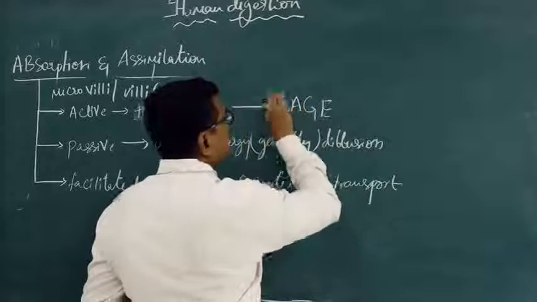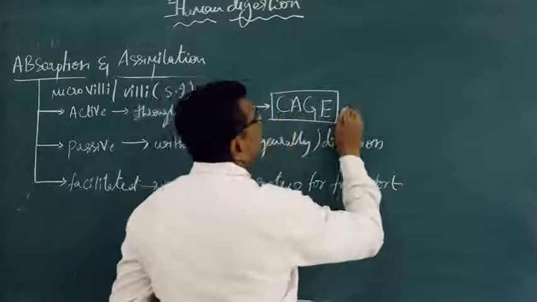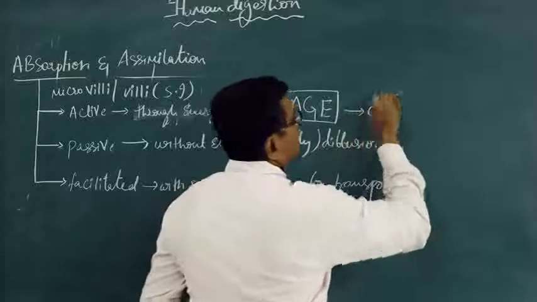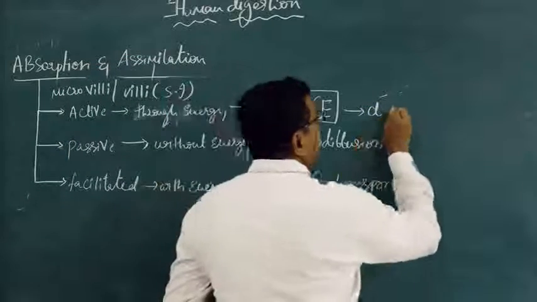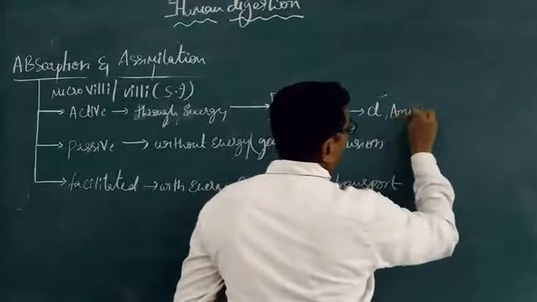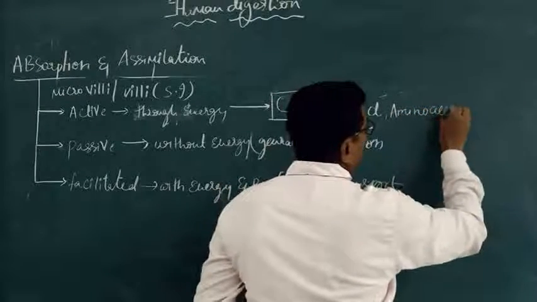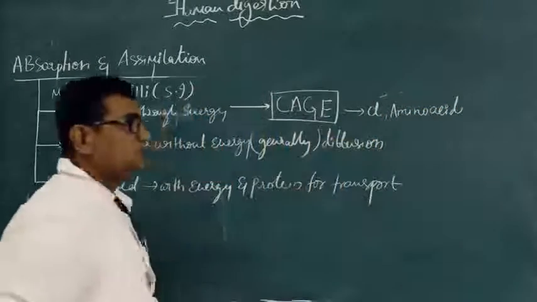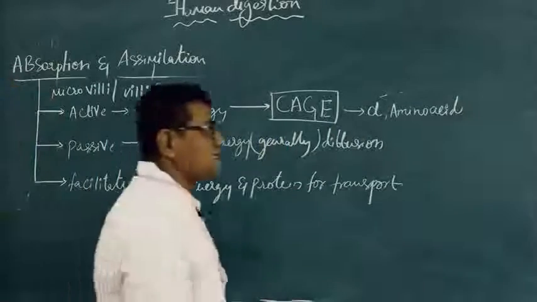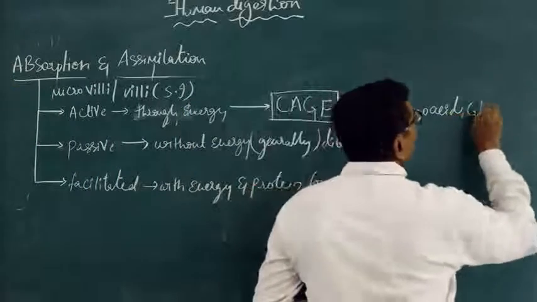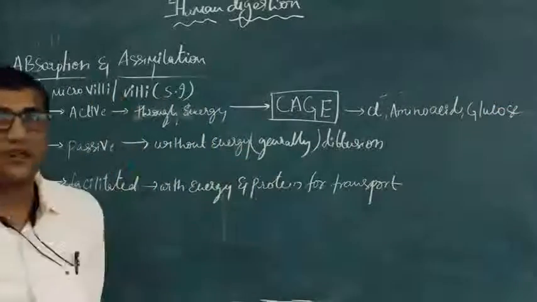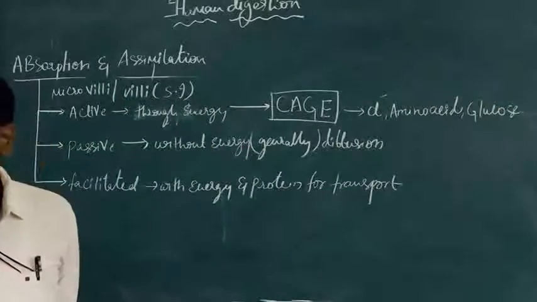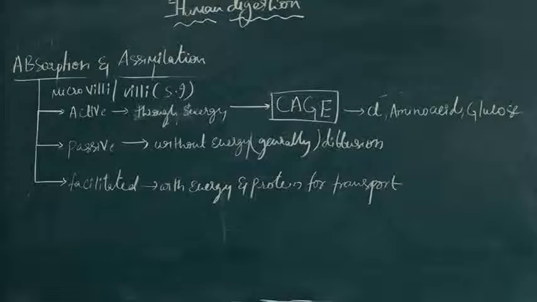C means chloride ions, through active transport only it takes place. A, certain amino acids are transported through this method only. G, glucose, also by active transport only.